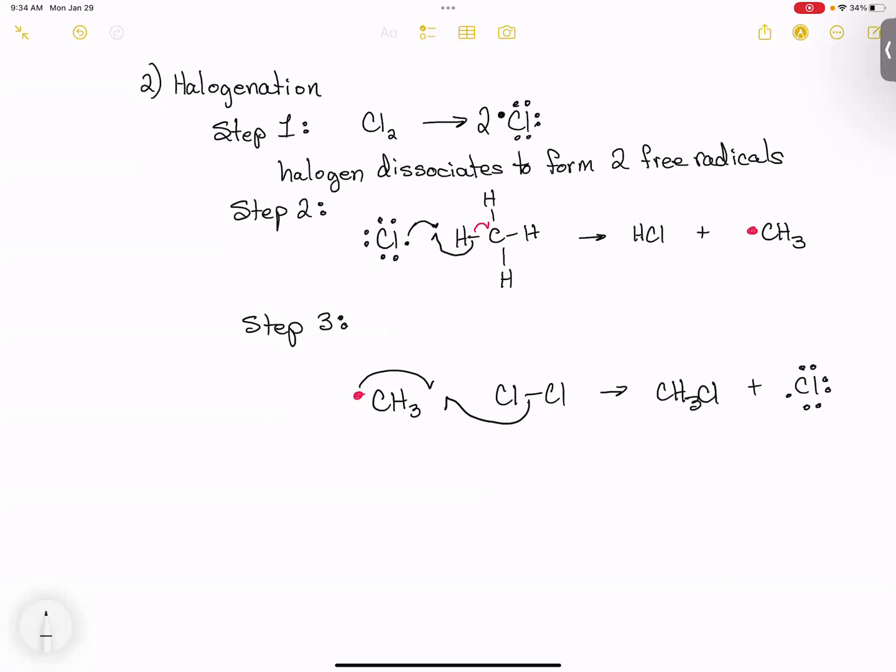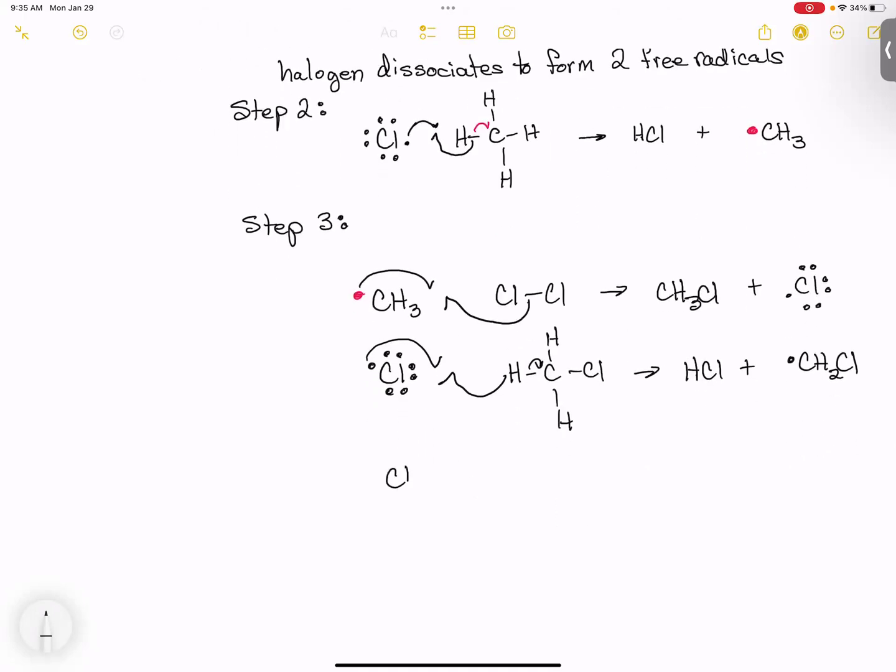That chloride free radical can react with our CH3Cl and pull off a hydrogen, and you're left with HCl plus a CH2Cl free radical.